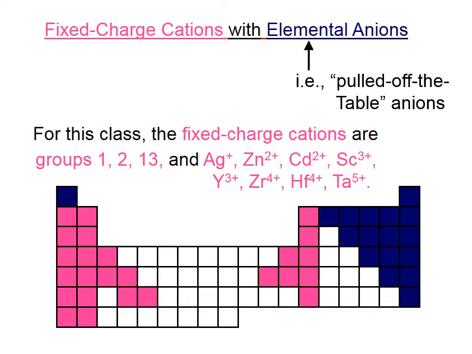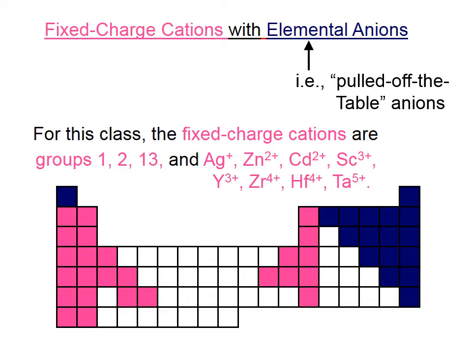Those are elemental anions. The fixed charge cations, when we say fixed charge, that refers to cations that whenever they form a cation, they always have a particular charge, never anything else. Let's say you're an atom, and sometimes you lose 2 electrons, and other times you lose 4.